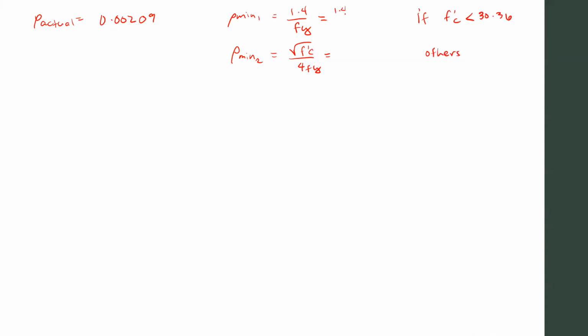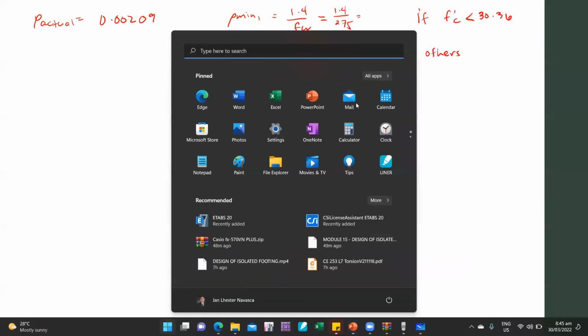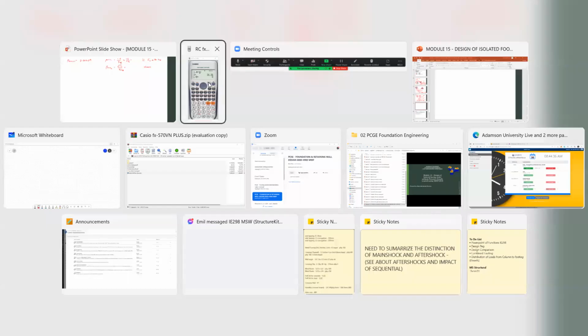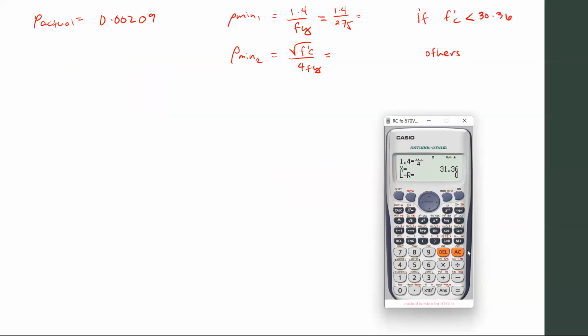So 1.4 divided by 275, that is equals to 0.005.